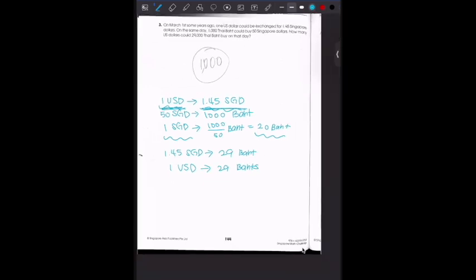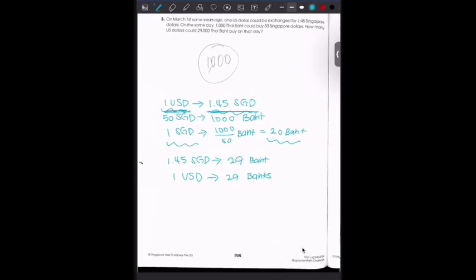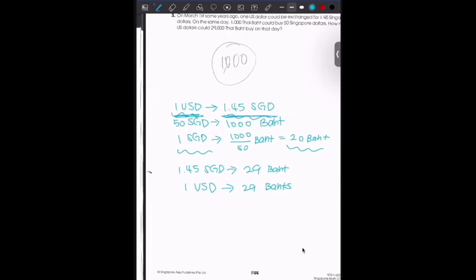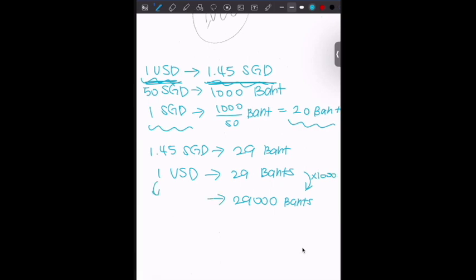Now the question asks, how many US dollars could buy 29,000 Thai baht? To get 29,000 Thai baht, we multiplied by 1,000, so we also do that here. So 1,000 US dollars can buy 29,000 Thai baht. So we'll say that it was 1,000 US dollars.